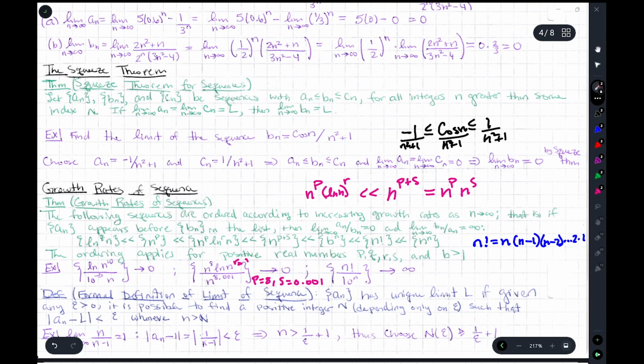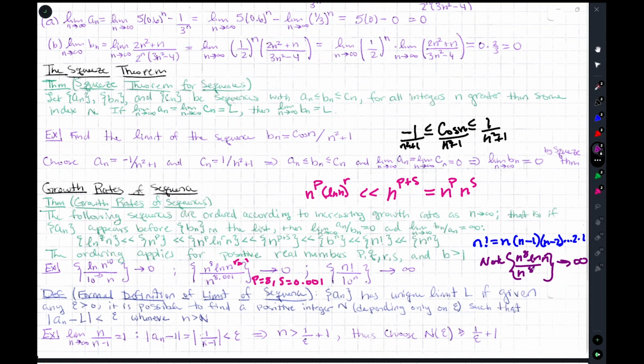And I'll write that note here that n to the 8th natural log of n over n to the 8th, that sequence goes to infinity. You could actually see that the n to the 8ths would cancel, and you'll end up with just a natural log. So that should be going to infinity there.